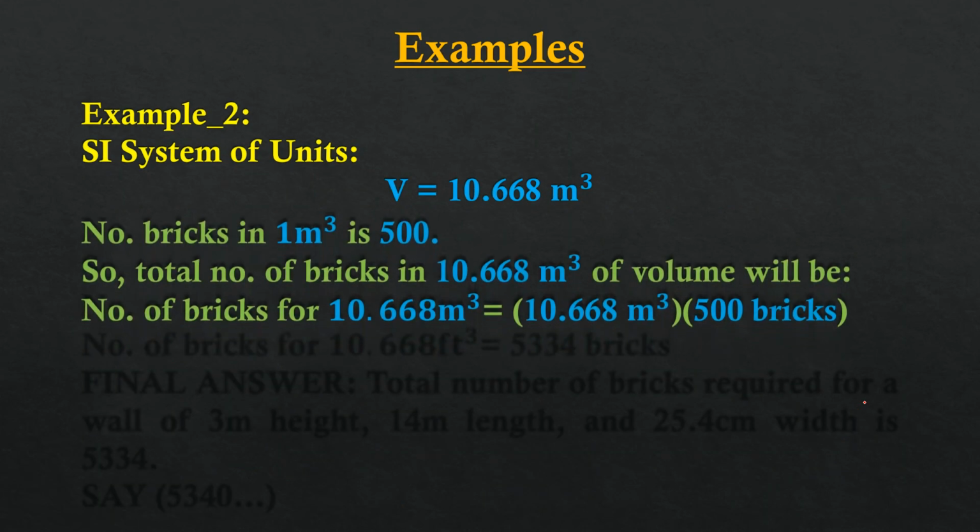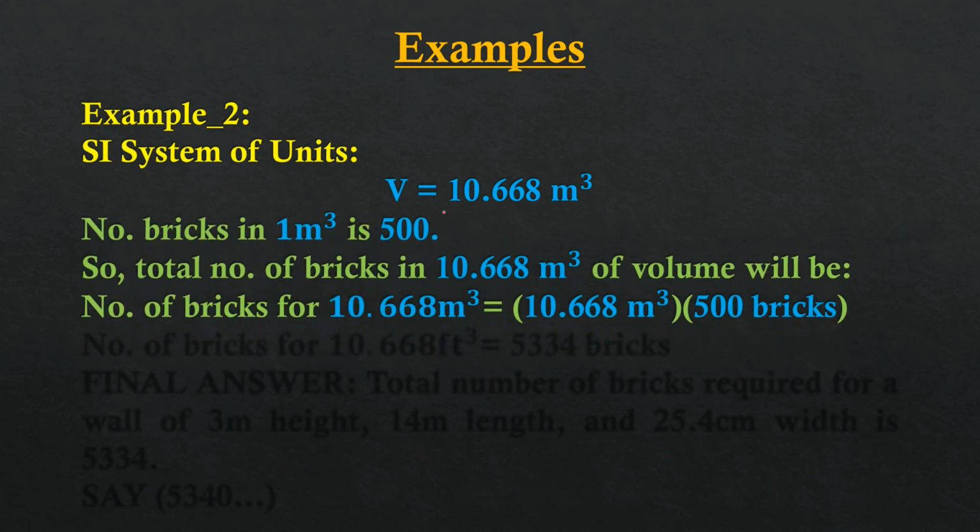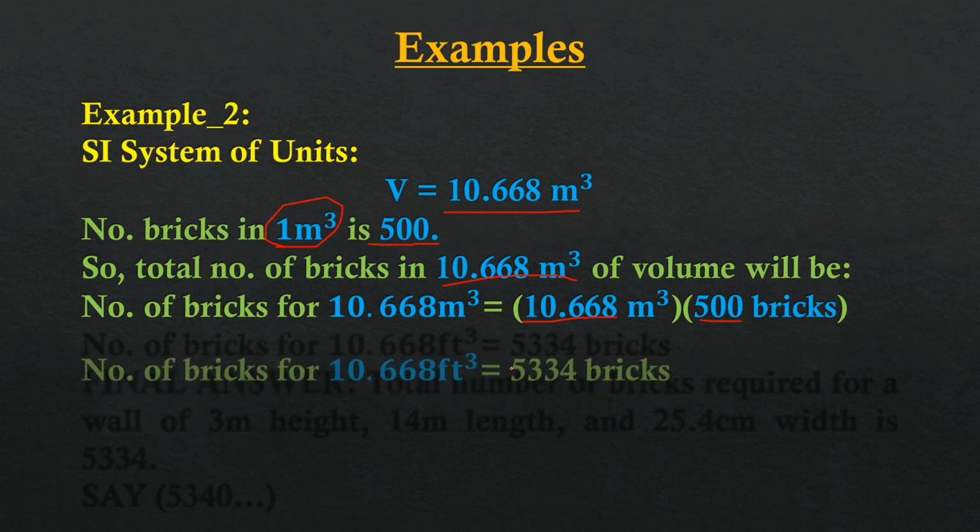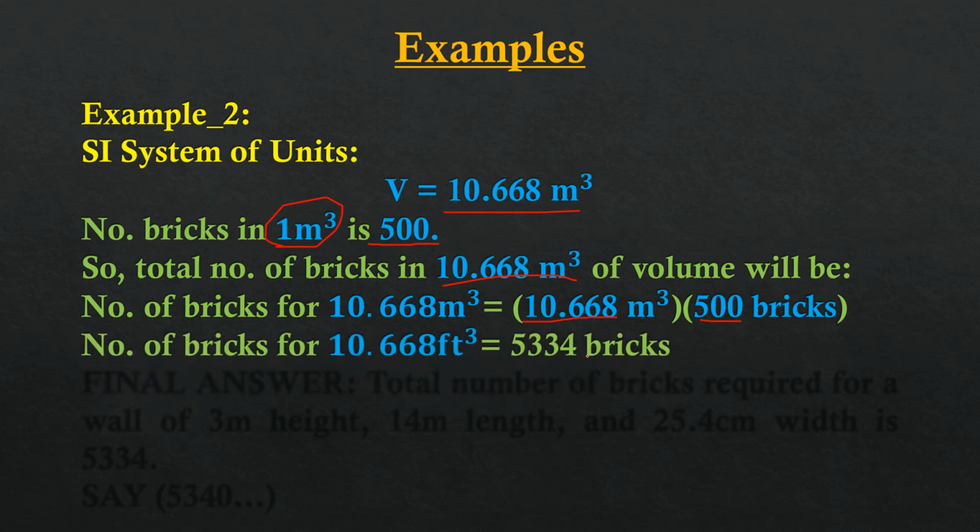So how can we determine the required number of bricks for this volume? First of all, we have to know the number of bricks for 1 meter cube, that is 500. I showed you in the introductory slide. For 10.668 meter cube, we multiply 10.668 with 500, so the total number of bricks will be 5,334 bricks.